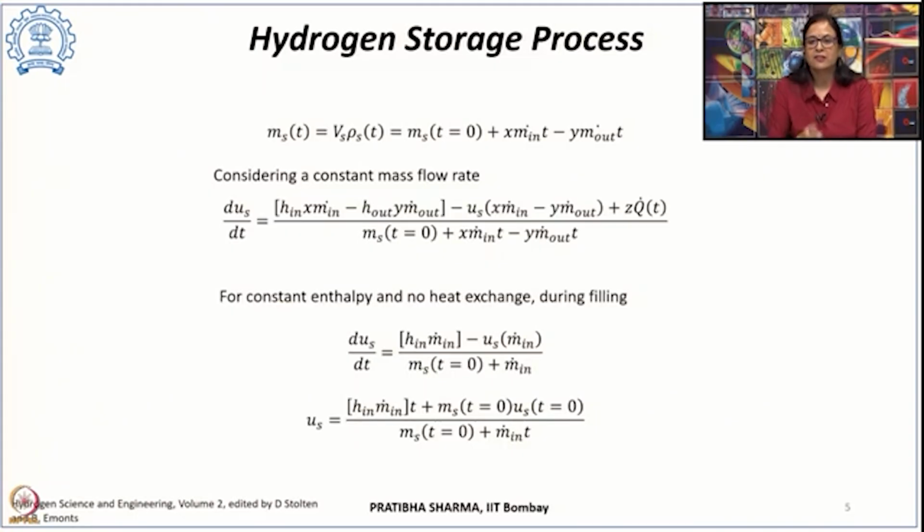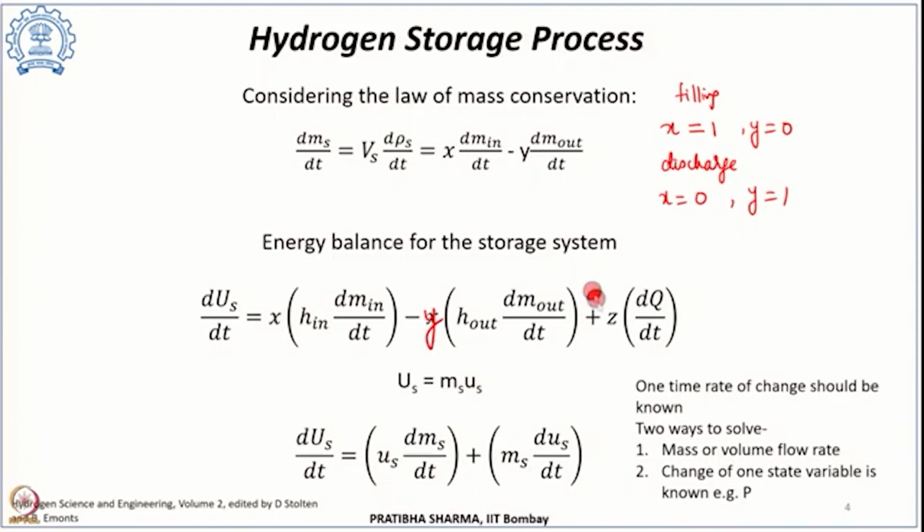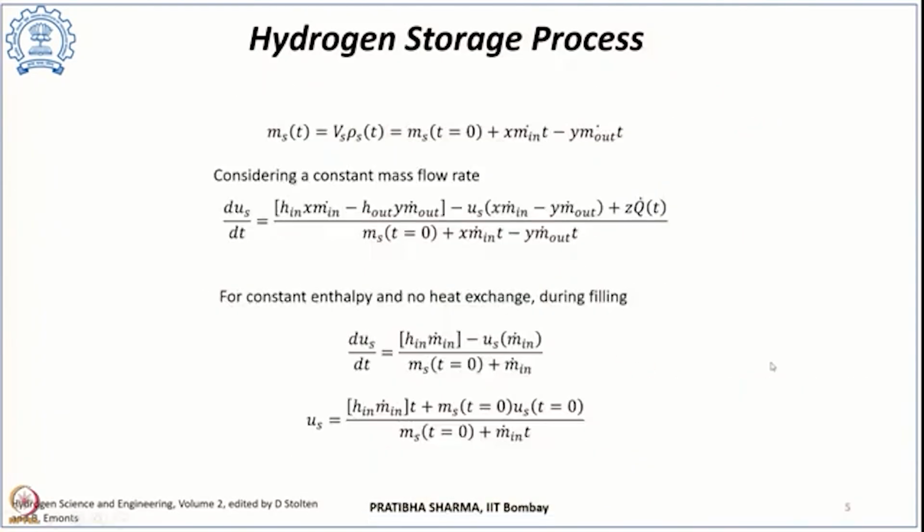Now we can solve this, for example, considering the first method. If we know the mass flow rate or volume flow rate, let us consider the mass flow rate to be constant.